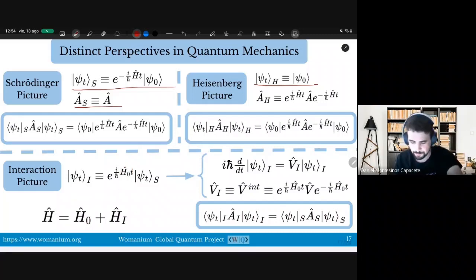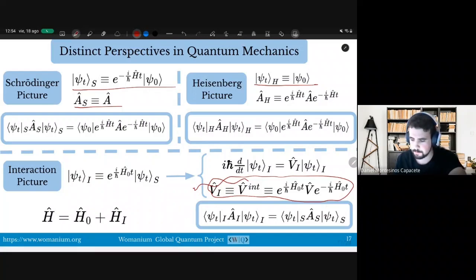If you do this, you can see that the Schrodinger equation would look like this, and your operators in the interaction picture also look like this. In the end, it is equivalent to the Schrodinger picture if you do the proper calculation.